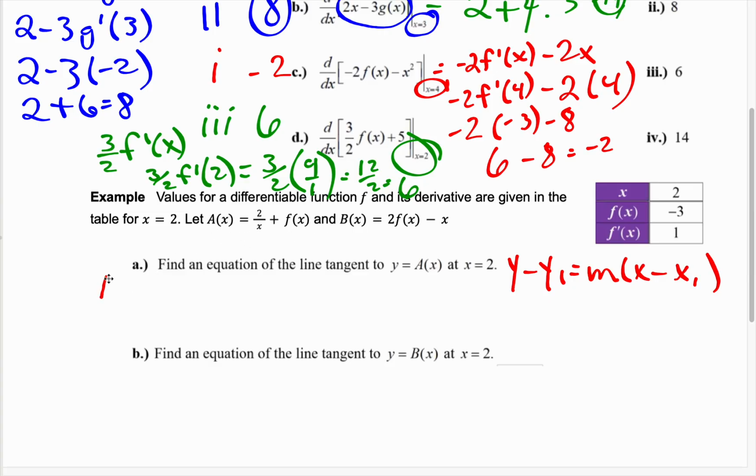So we have a of 2 is going to be 2 over 2 plus f of 2. 1 plus f of 2 is over here in this table. Oh, 1 plus negative 3 is negative 2. Perfect. So now we have to find the slope.